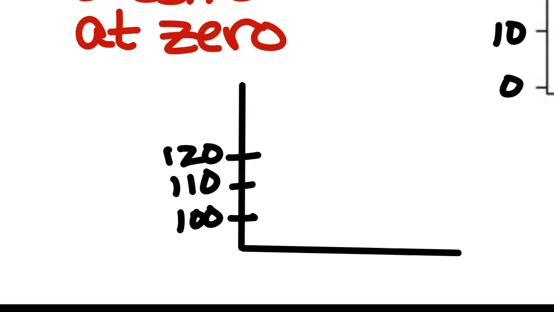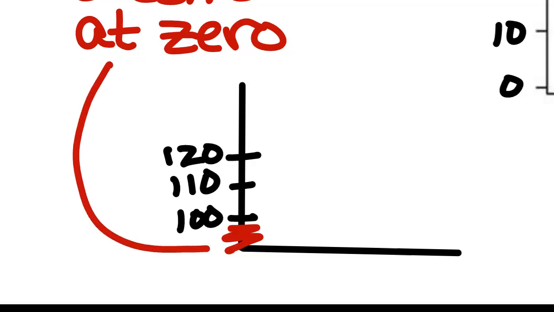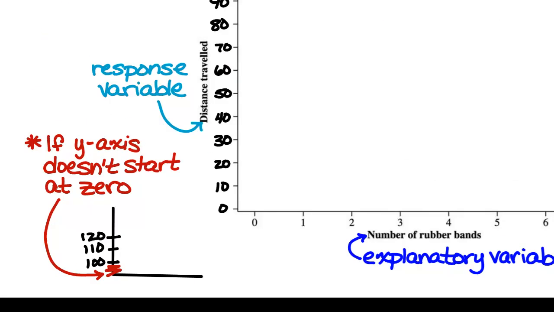If we don't start it at 0, you're going to put like a squiggle here. It's like a back and forth like this to show that you've left out some vertical space here.